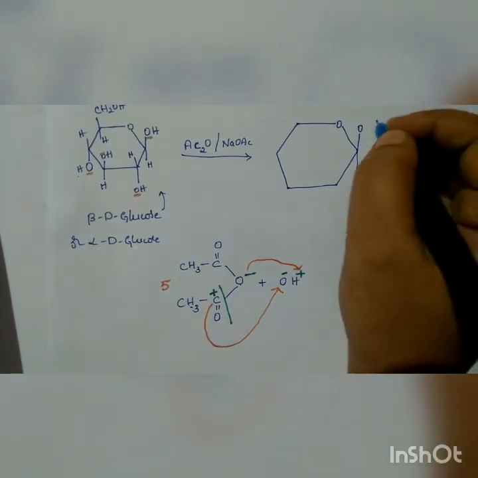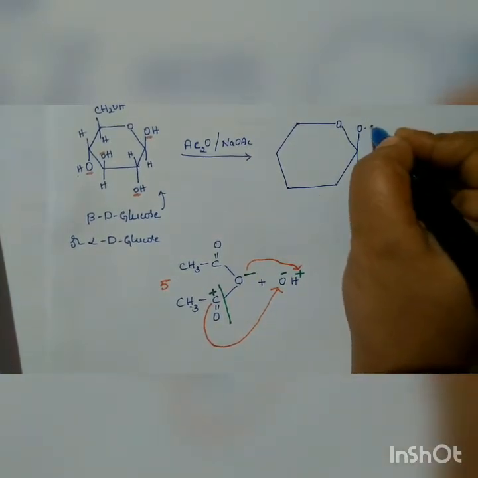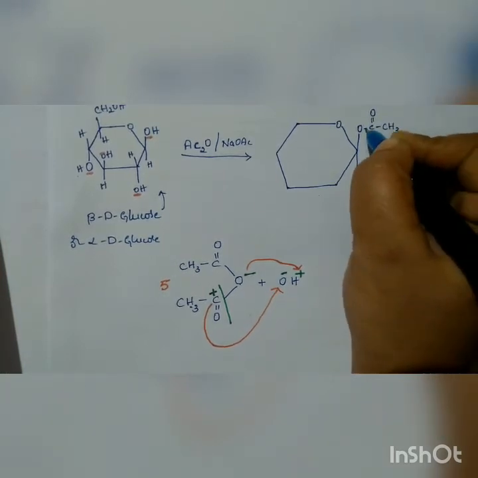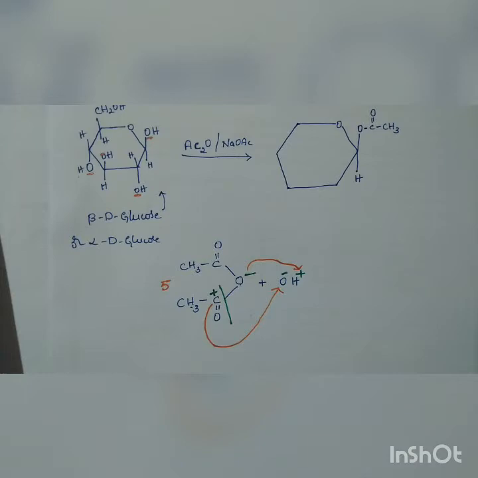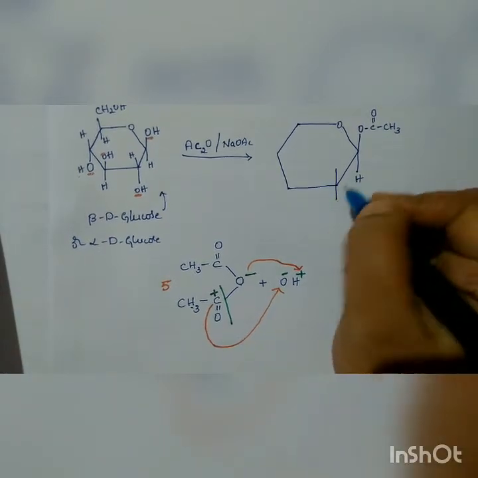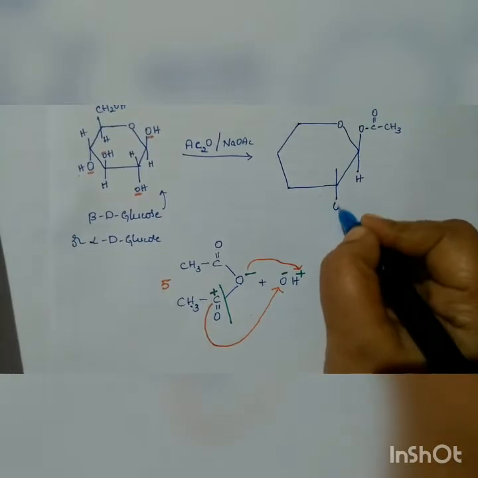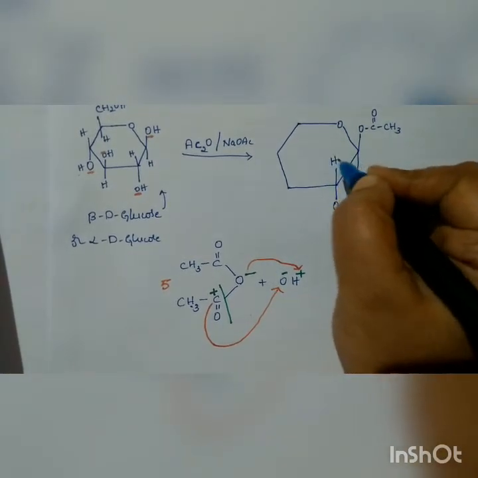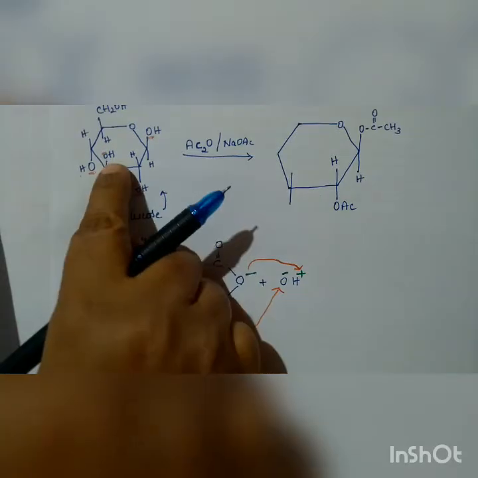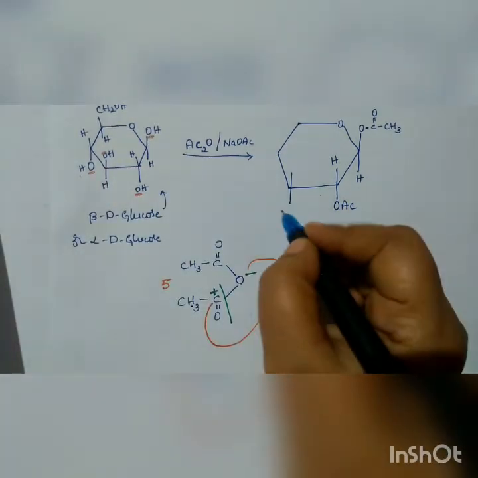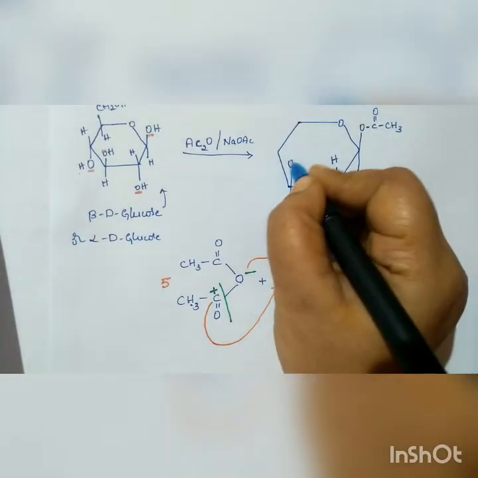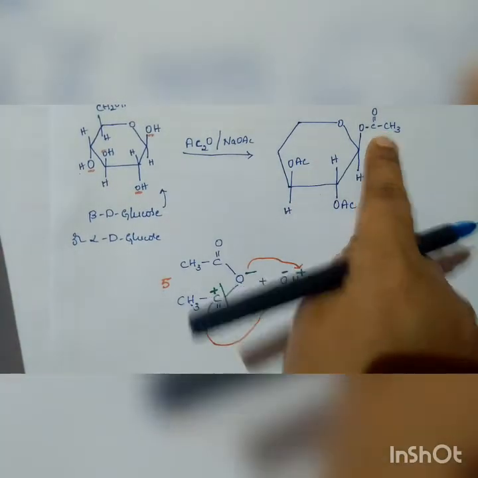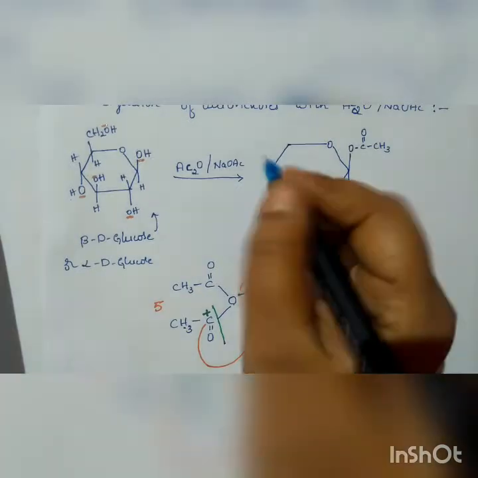I'll write one compound for you, like this. Here also we have OH above, so that H plus is being replaced by Ac, either Ac or this group, whichever one you write.